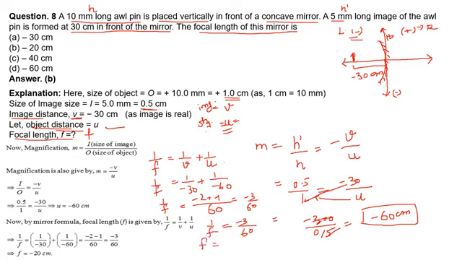I have to reverse it. So 60 will go to the numerator, minus 3 will go to the denominator. If I cut it, I am getting minus 20 centimeter. The minus sign with the 20 shows that the object is placed in front of the mirror. This is how we have to find the answer of this numerical.